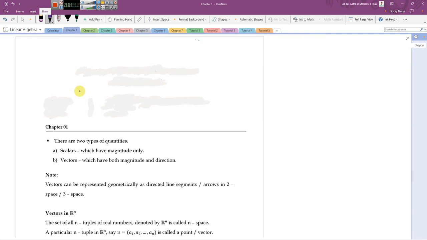There are 2 types of quantities. We have just studied these things in our earlier classes also. First we have to know what a quantity is. If I write a definition for quantity, it is a measurable attribute or characteristic that can be represented numerically.